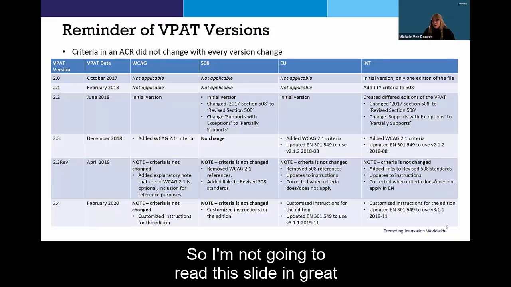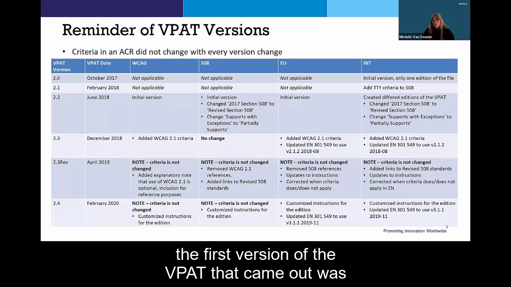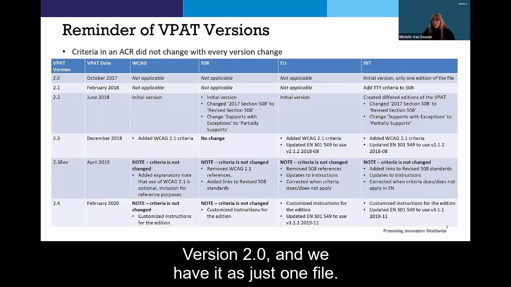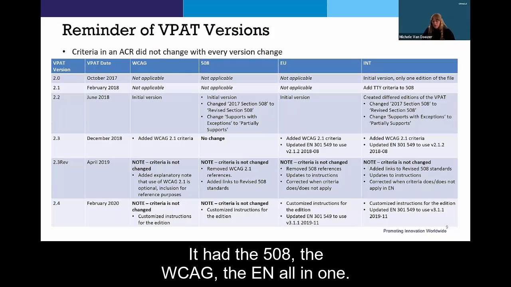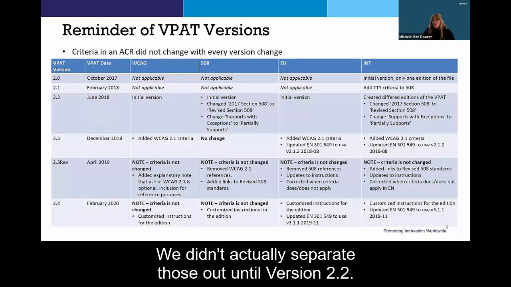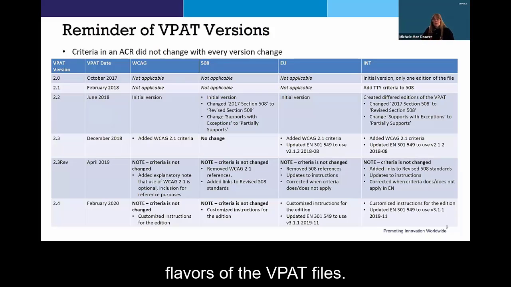I'm not going to read this slide in great detail, but the thing I want to flag is, the first version of the VPAT that came out was version 2.0, and we had it as just one file. So it was what we now call the international version. It had the 508, the WCAG, the EN all in one. We didn't actually separate those out until version 2.2. So from 2.2 forward, there are the 4 different flavors of the VPAT files.